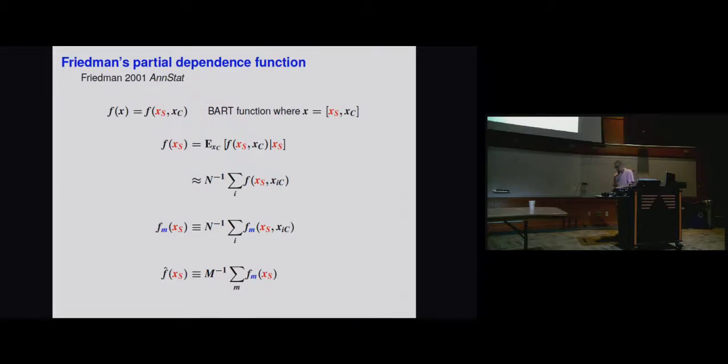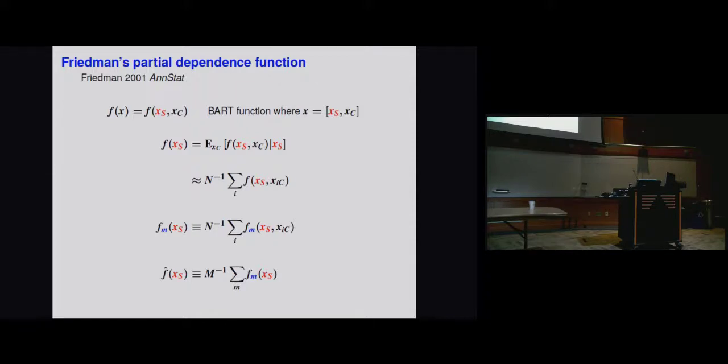Okay, so here's another nice trick. This is Friedman's partial dependence function. So now we've got a bunch of x's, let's say, and f is a function of x, but x has a lot of components, right? There's some subset of x of interest, x_S, and the rest, called the complement x_C, we don't care about.